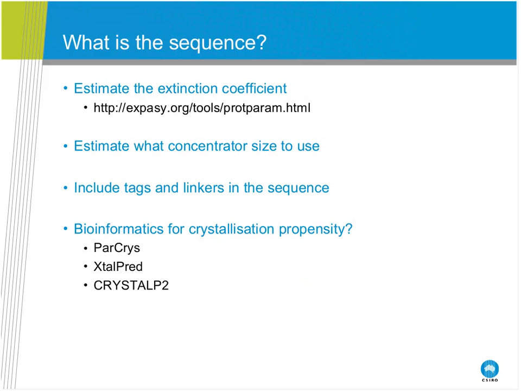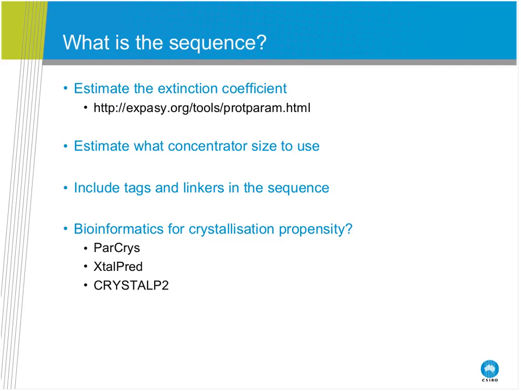Other things important to know: the sequence of the protein is important to know. Sometimes people sneak large tags onto the protein without telling you. A maltose binding protein tag can really affect your protein crystallization, as can just a his tag. So it's really good to know the sequence. If nothing else, that allows you to estimate the molecular weight. It allows you to estimate the extinction coefficient.